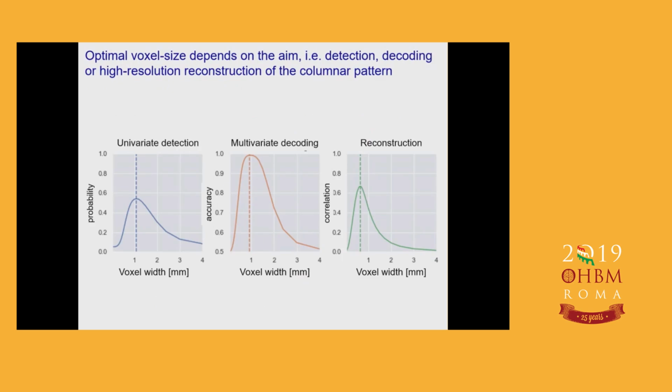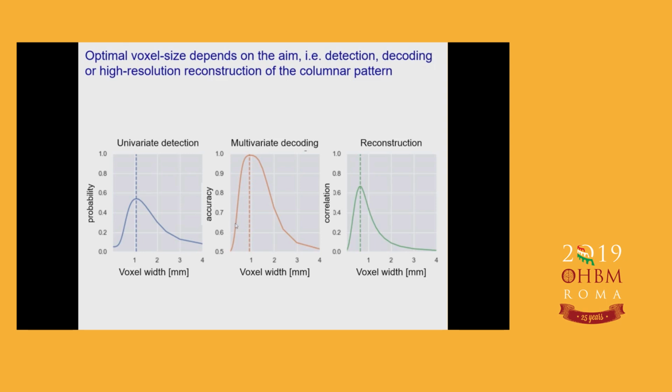The optimal voxel size depends on the aim, i.e. detection, decoding, or high-resolution reconstruction of the columnar pattern. We can see that the optimal voxel size for univariate detection of cortical columns is approximately 1 millimeter for a spatial frequency of 0.5 cycles per millimeter.